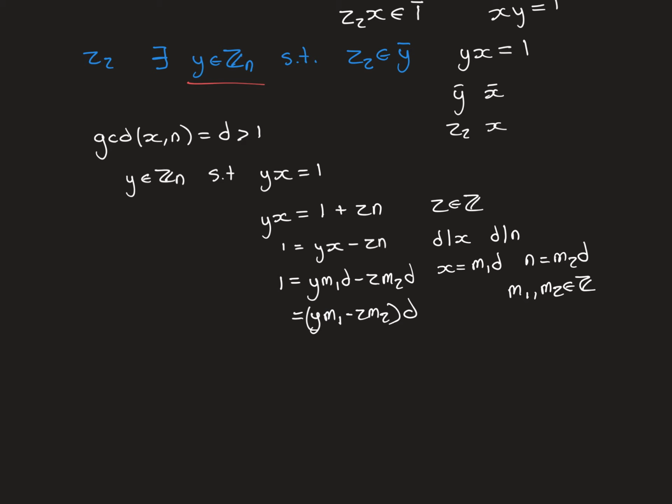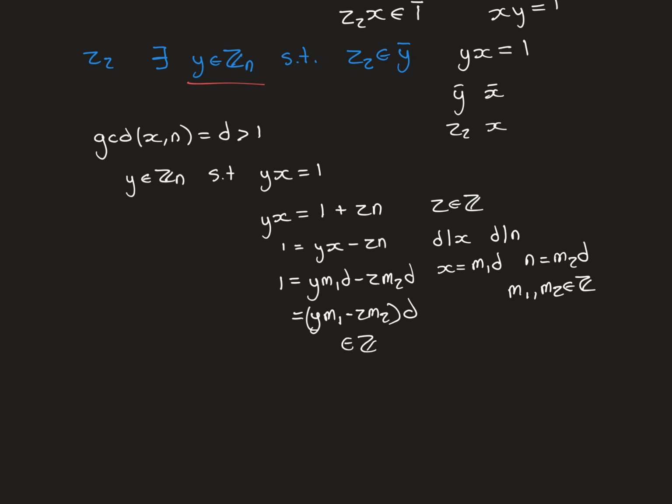Now this is an equation in the integers. Y is an integer. Remember, it was just some number inside Zn, some number 0, 1, 2, all the way up to n minus 1, but it transferred across into the ring of integers. Then we multiplied it by another integer, then we subtracted off two other integers multiplied together. This is all algebraic operations inside the integers, so it's going to come out as some integer.